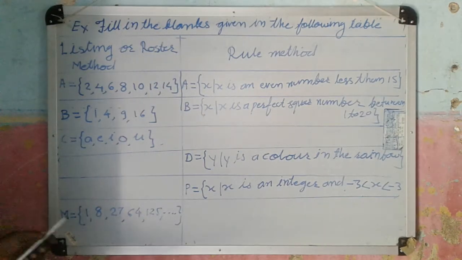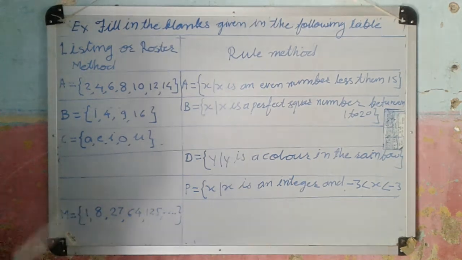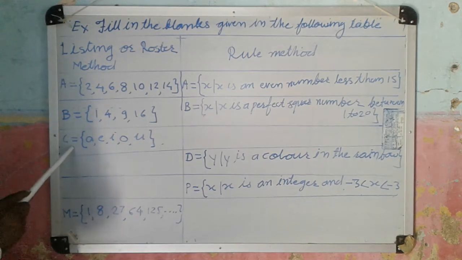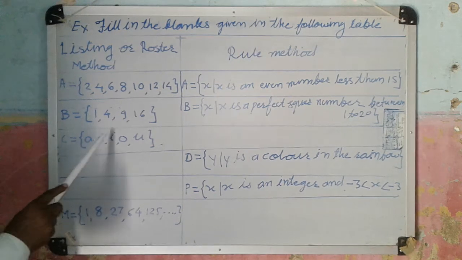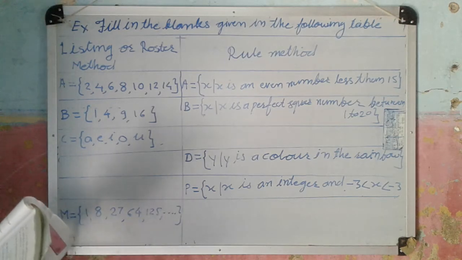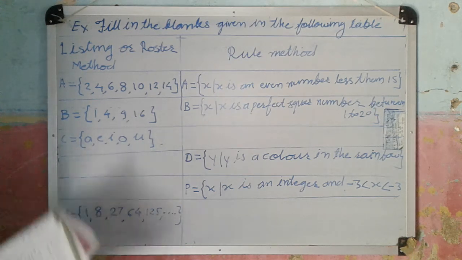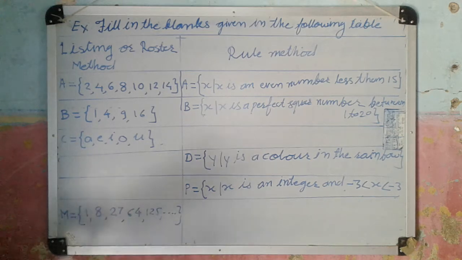Okay, now in third example, C is a set written in listing method. The elements are A, E, I, O, U. Now these are the English alphabets. And which alphabets are here? These are vowels from the English alphabet.